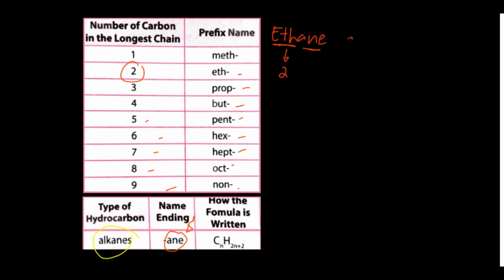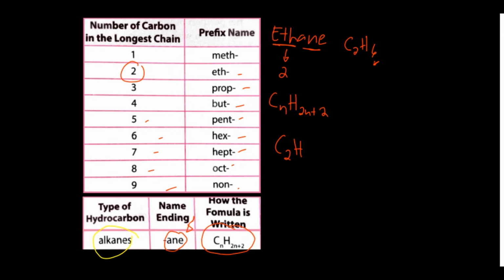Let's write it down. C2H6. Now, how do you determine the number of hydrogen? So, we follow this formula. The formula tells us CnH2n plus 2. So, how did we get 6? It's like this. The carbon is 2.